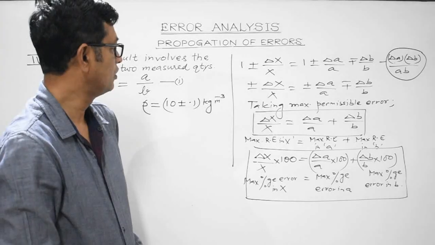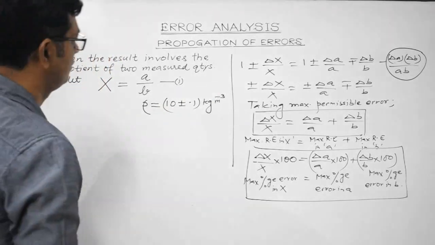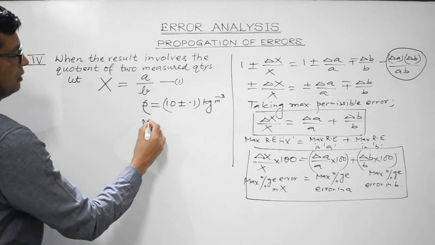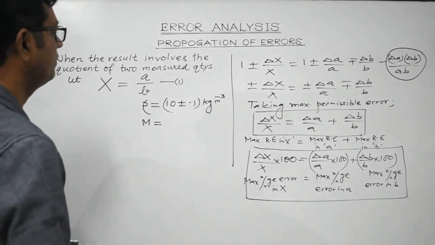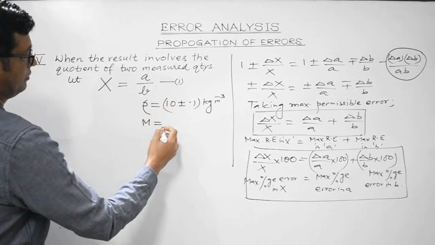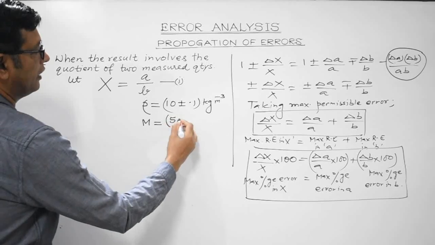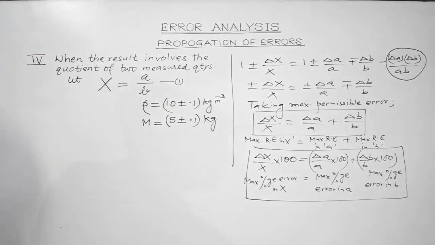Suppose the density of a body is given by this, right? And suppose the mass of the body is measured to be 5 plus minus 0.1 kg, right?